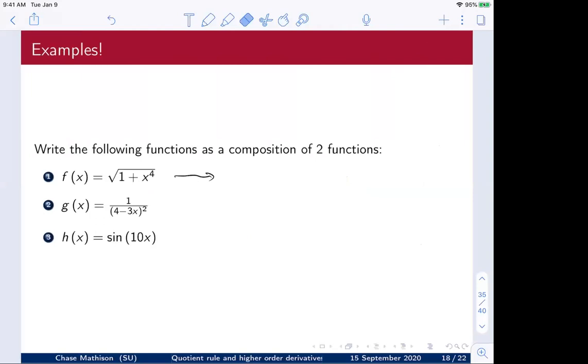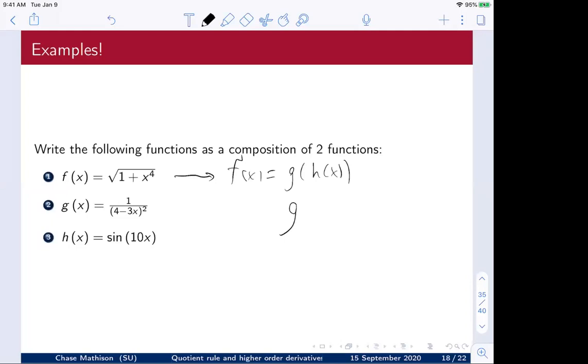Perfect, yes. So we're going to say f of x is equal to g of h of x, right? So we have an outside function, g, and if you always think of it as the outside function and the inside function, you'll very rarely go wrong.